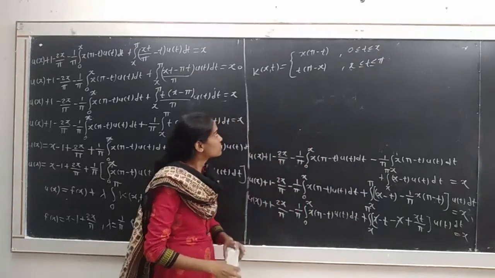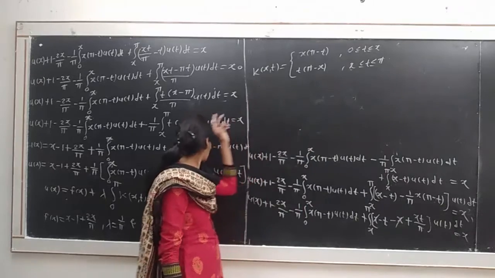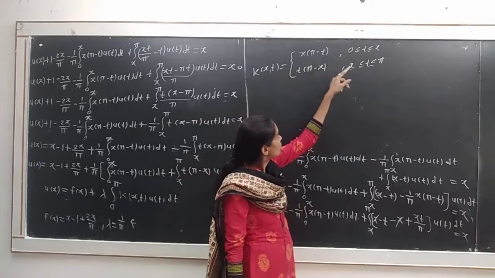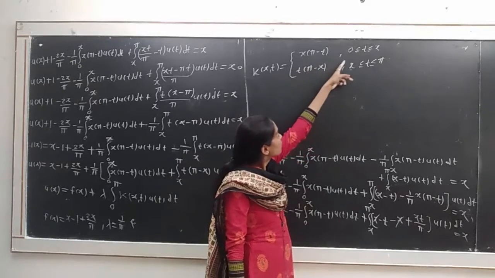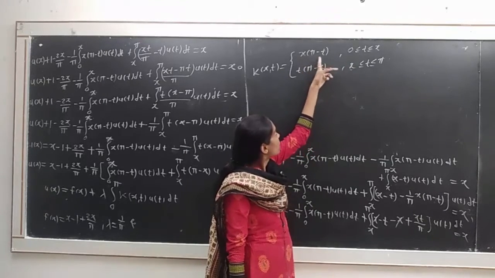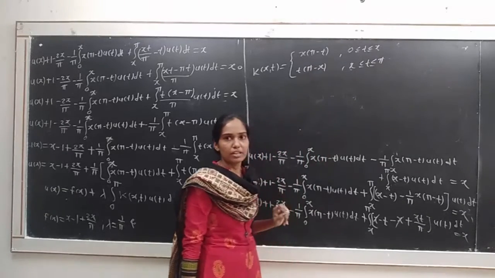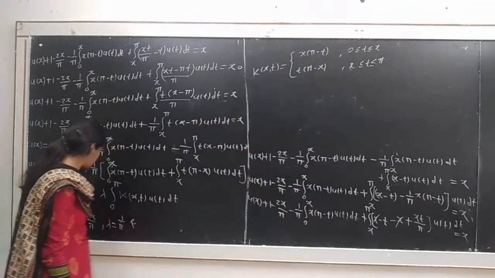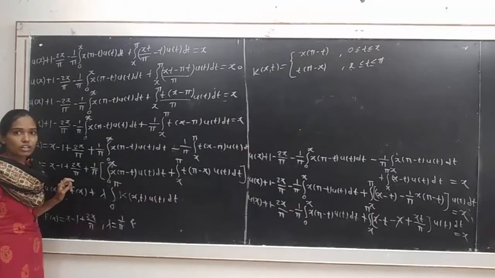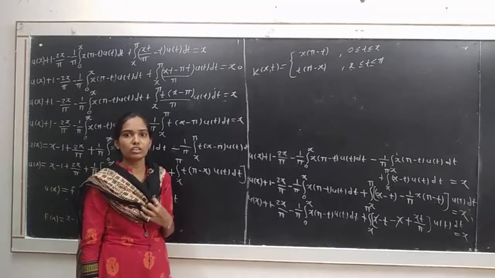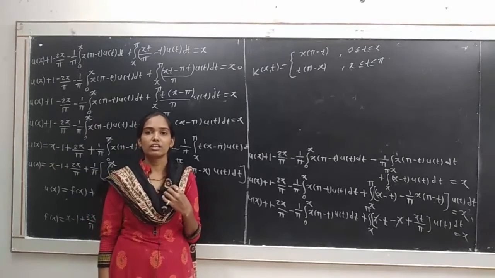That is, we split this; we have to get the split kernel for the interval 0 to pi as 0 to x and x to pi: in the interval 0 to x as x (pi minus t), and in the interval x to pi as t (pi minus x). That is, in this way we have to convert the given boundary value problem to the Fredholm integral equation.